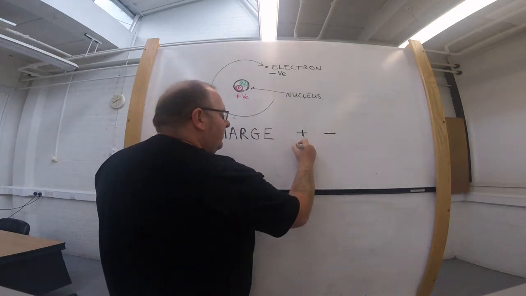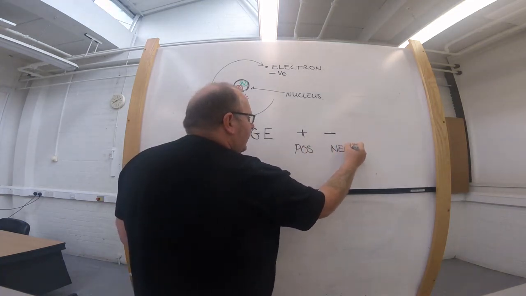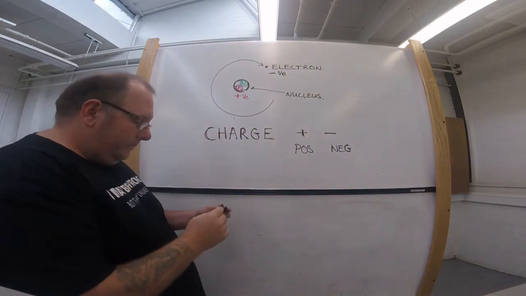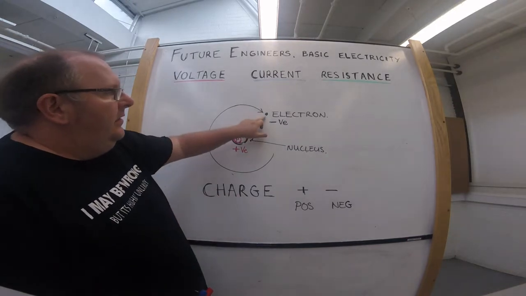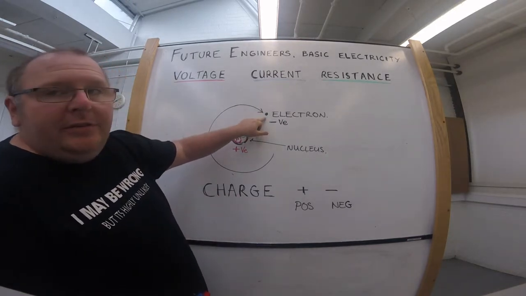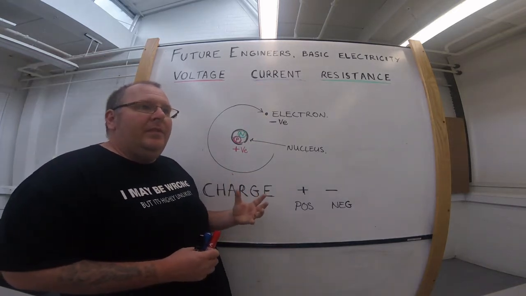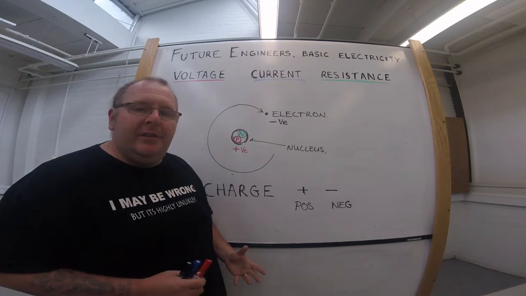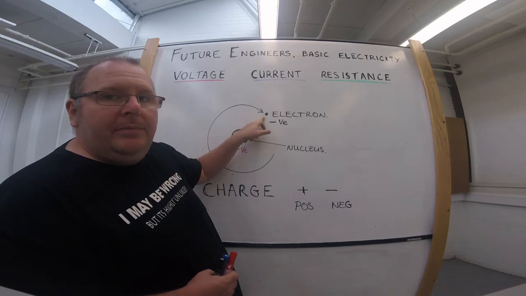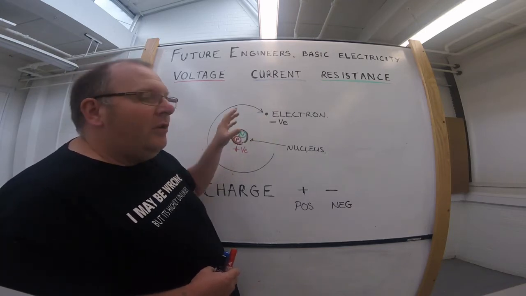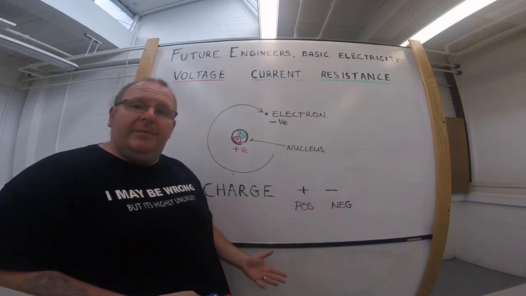So positive, negative. This electron here, the negatively charged particle, is the particle that is electricity, if you like. Electricity is the movement of these particles. Okay? So the movement of charge on mass is electricity.